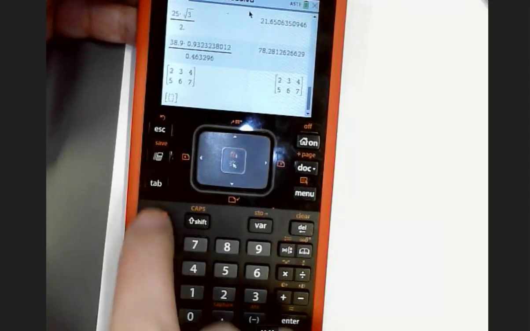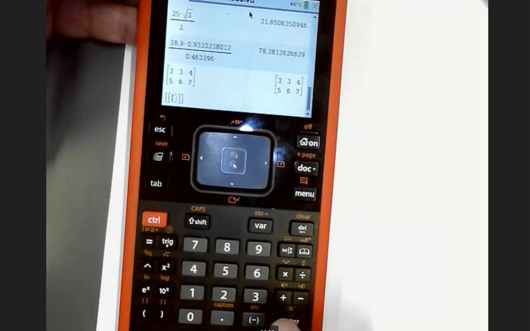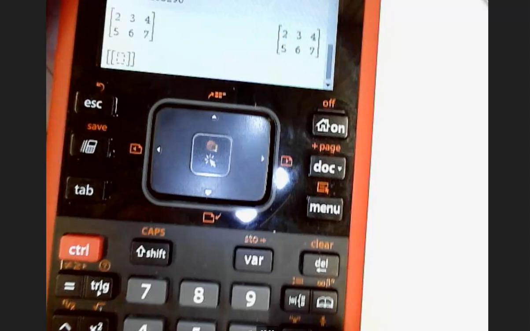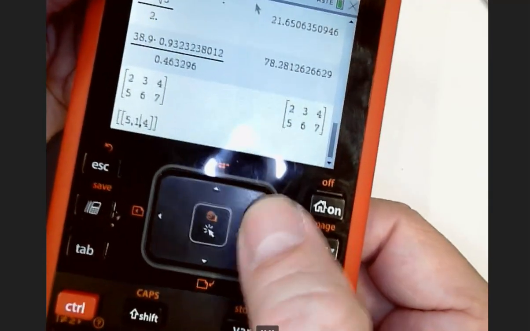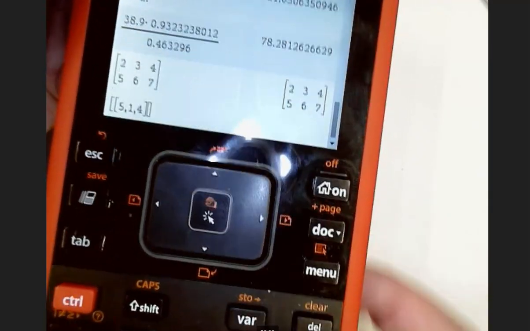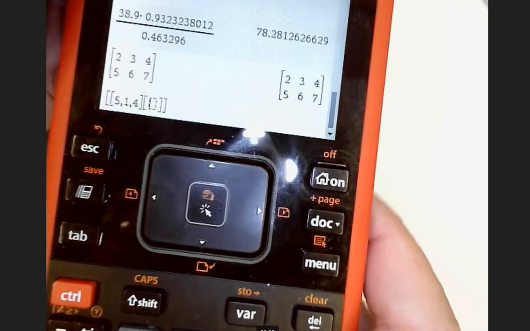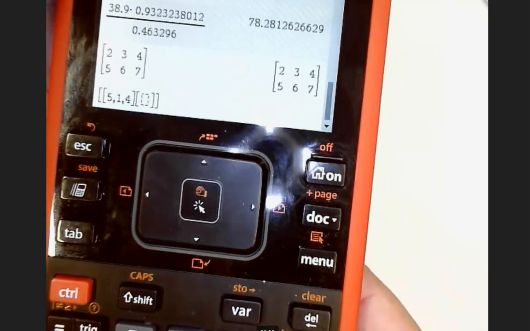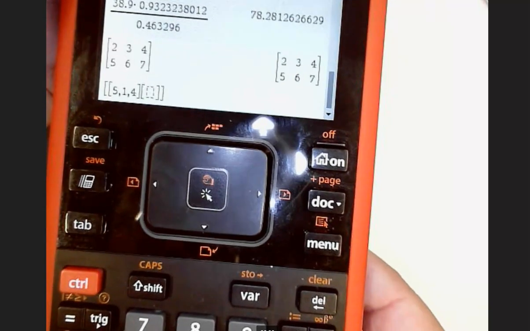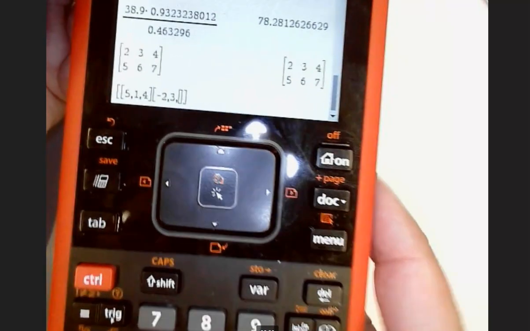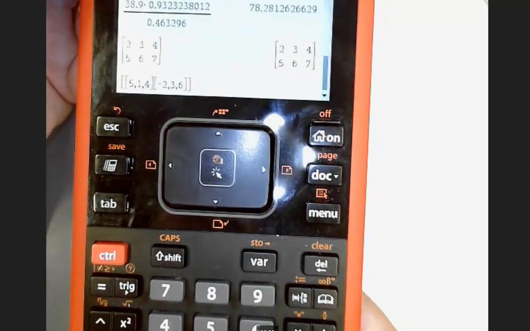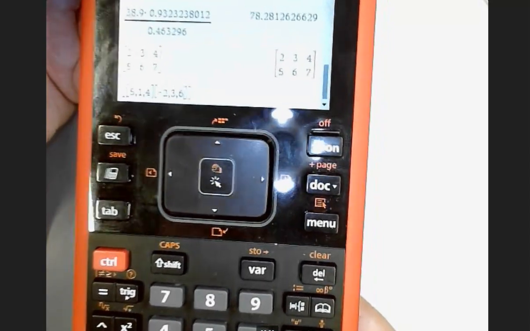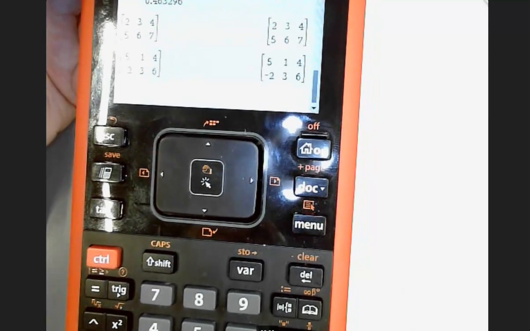It was 5 comma 1 comma 4, sorry, 5 comma 1 comma 4, sorry, 5. This was the first row, and then the second row also inside the square brackets, and it was minus 2 comma 3 comma 6. So this is the second matrix.